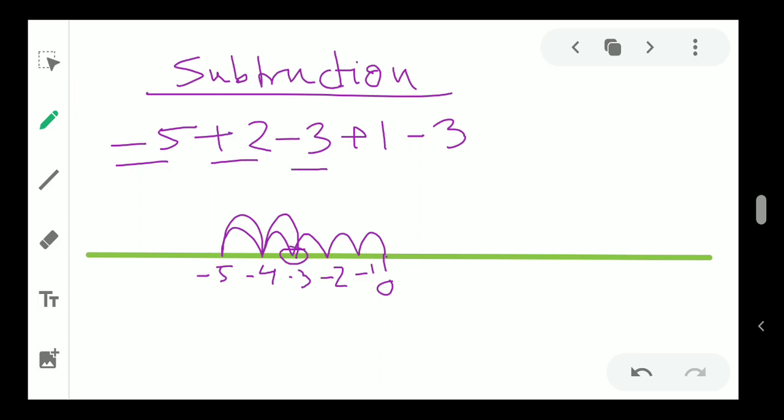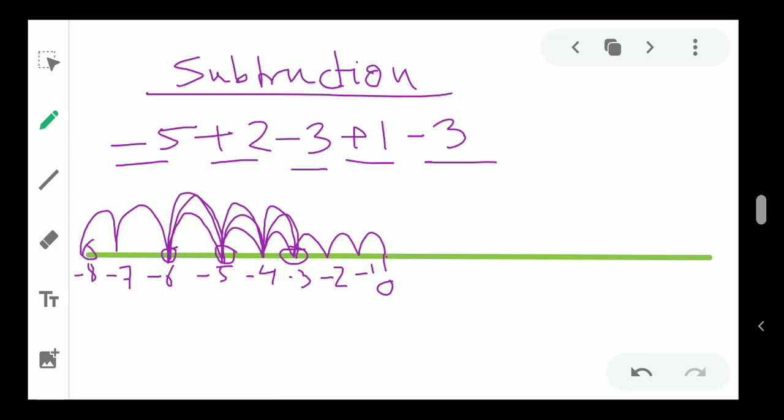Now minus 3, that is left side, again 3 jumps, 1 2 3, that is I am now here at minus 6. Remember your last position always. Now I have plus 1, that means 1 jump to the right hand side, that is again I am at minus 5, and I have minus 3 again, left side jump, so 1 2 3, so minus 7 and minus 8.